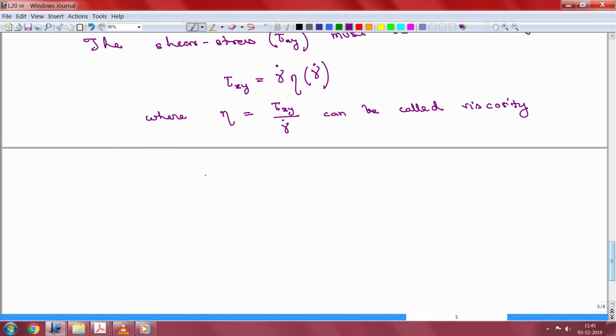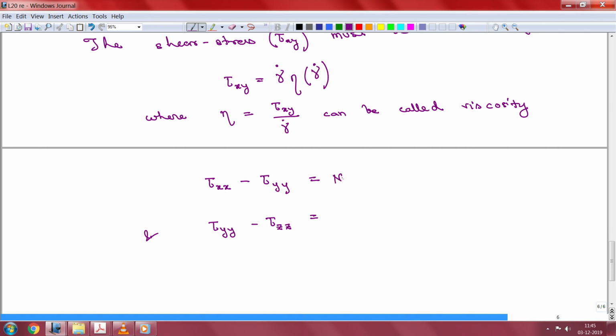We can also argue and show that the first normal stress difference, tau xx minus tau yy, and the other one, the second normal stress difference, are actually even functions, right?